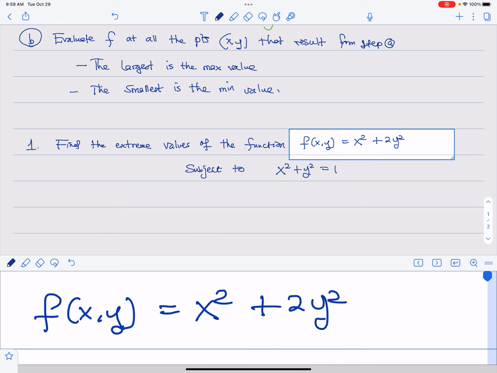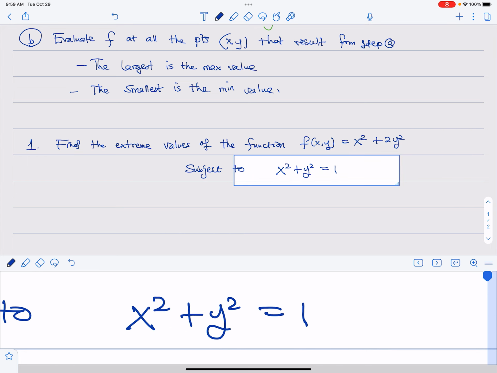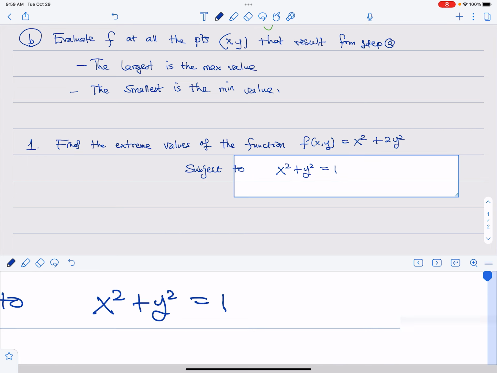So this is our f of x, y, and this right here is our g of x, y equals k. So our k is 1 in this case.